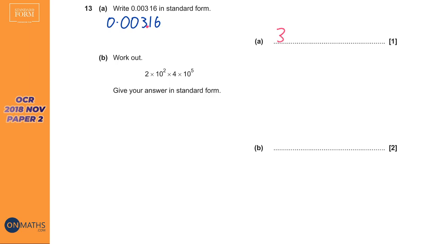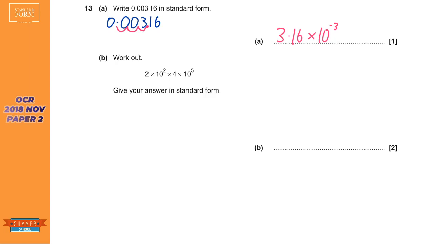So we know the answer will be 3.16 times 10 to the power of something. Then we count the jumps, so it's 1, 2, 3 jumps. But remember what I said before, if you're converting a really small number, then the power will be negative. So this could be 10 to the power of minus 3. Okay, that's all you need to do.